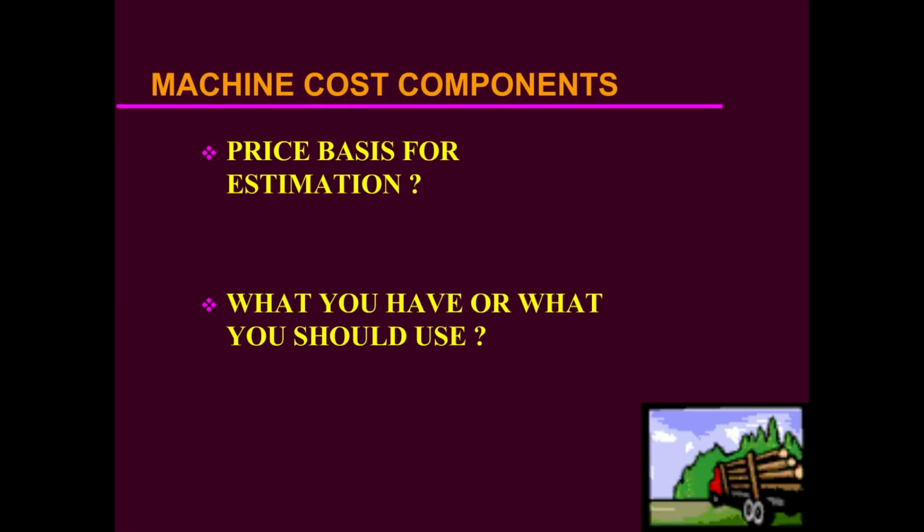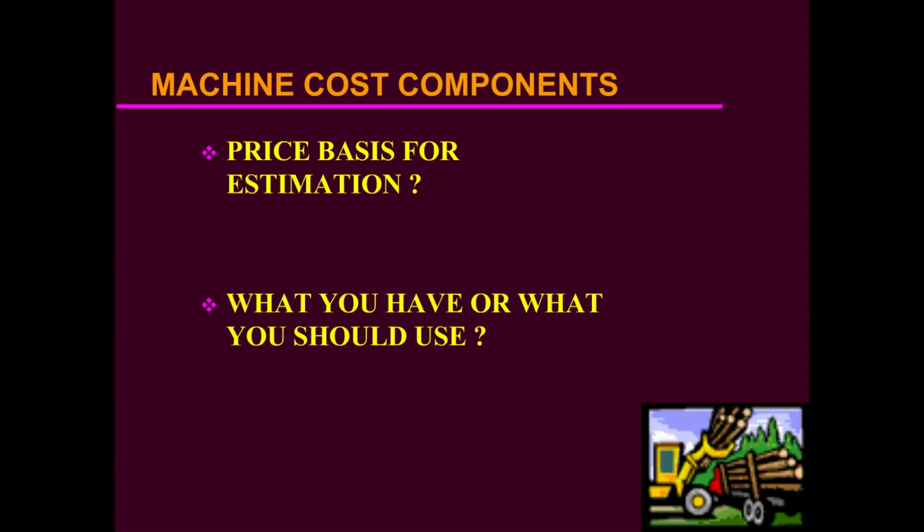And we have to talk about the price basis for estimation. If we are using what you pay for equipment and you buy used equipment, like I said before, you're setting the sector up for a stage where the price you're charging for the services recovered by the machine price is that of the last logger buying the last piece of equipment from the guy who just went out of business.